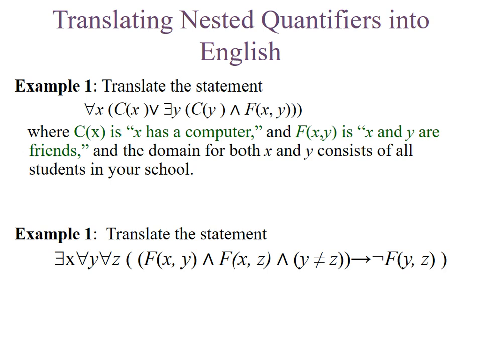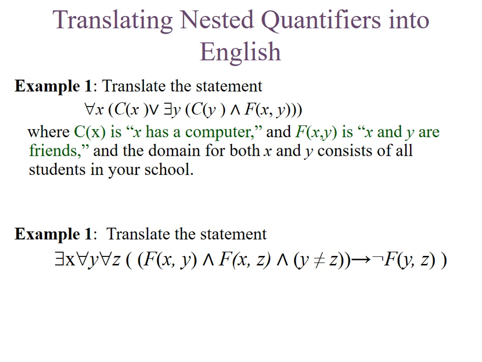Okay, next let's see how we translate nested quantifiers into English. So we have for all x, then in parentheses, c of x or for some y, c of y and f of x, y. Let's see the meaning of this.